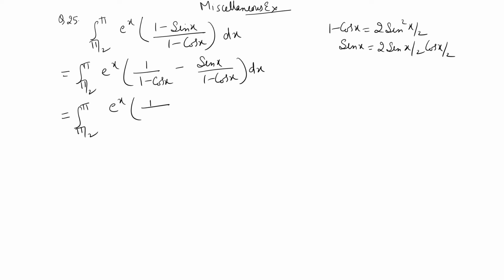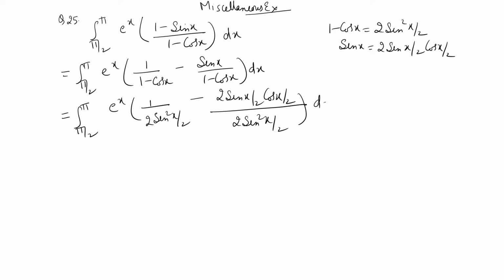So it is 1 upon 2 sin square x by 2 minus 2 sin x by 2 cos x by 2 upon 2 sin square x by 2, dx. So this will get cancelled and I'll get the integral from pi by 2 to pi of e raised to power x times [cosecant square x by 2 upon 2 minus cot x by 2].